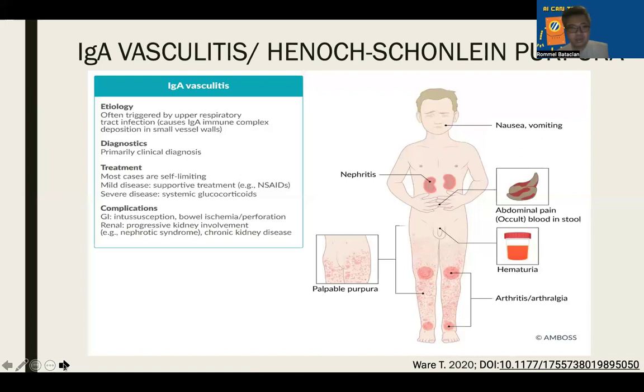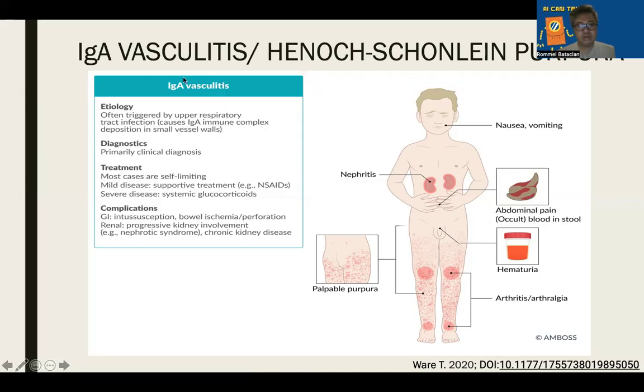IgA nephropathy, meanwhile, another term would be synpharyngitic glomerulonephritis. Why? It is often triggered by an upper respiratory tract infection. Because of that infection, there is IgA immune complex deposition in the glomeruli and in the small vessel wall.